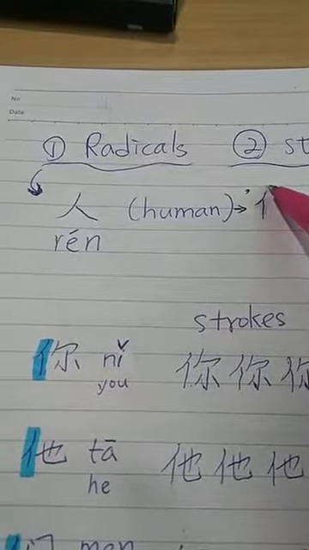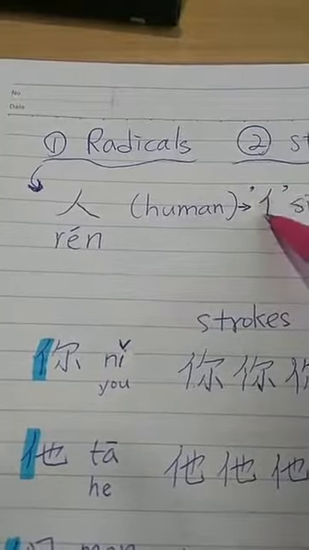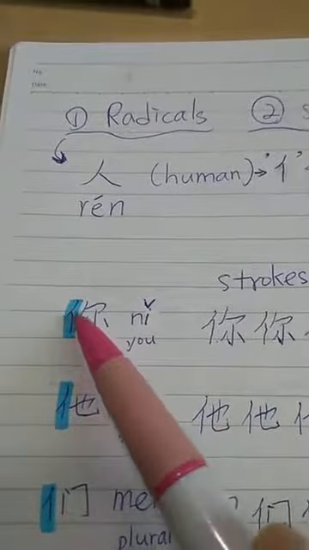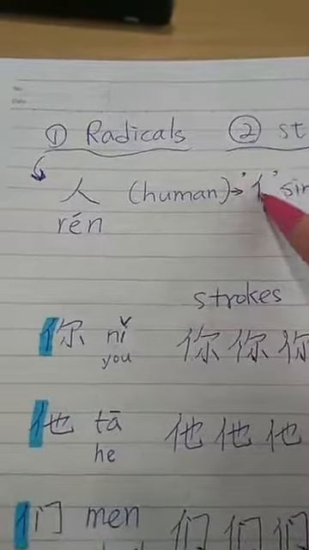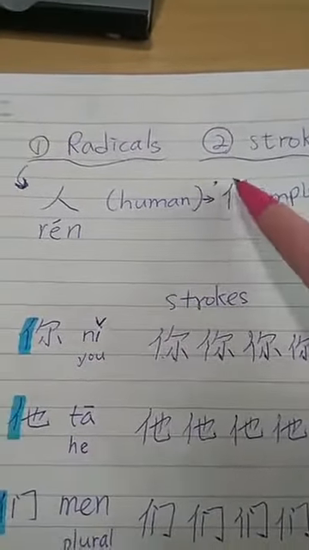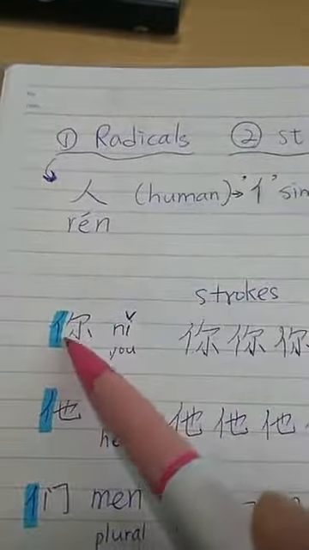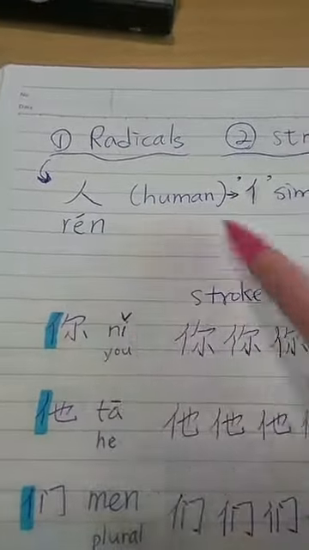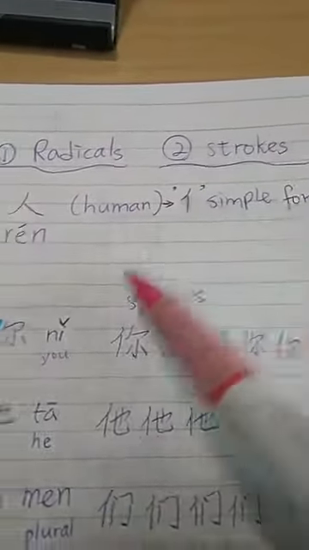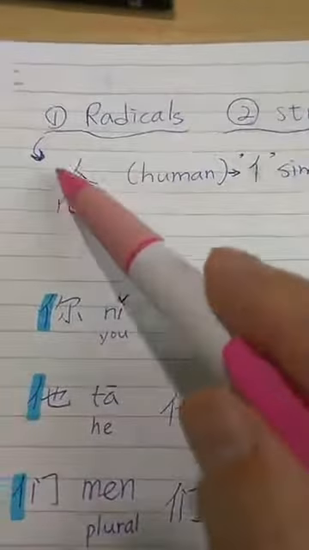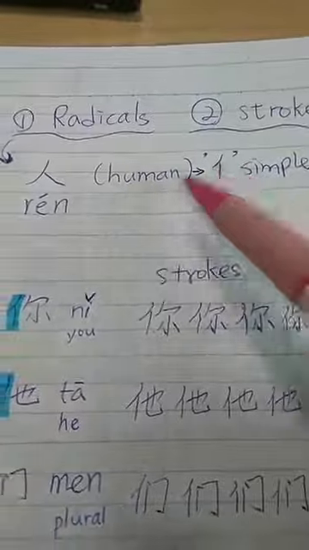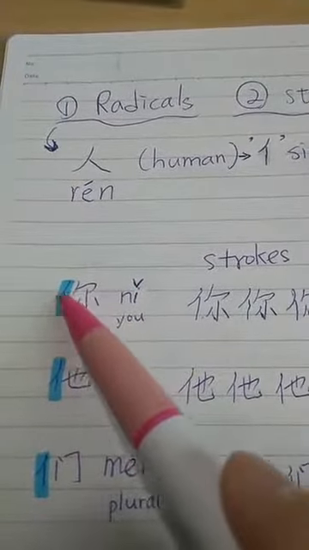Sometimes it would be written like this. You see the word 你, it doesn't write like this, right? It writes like this. We use the simple form when you want to use the radical in one word.